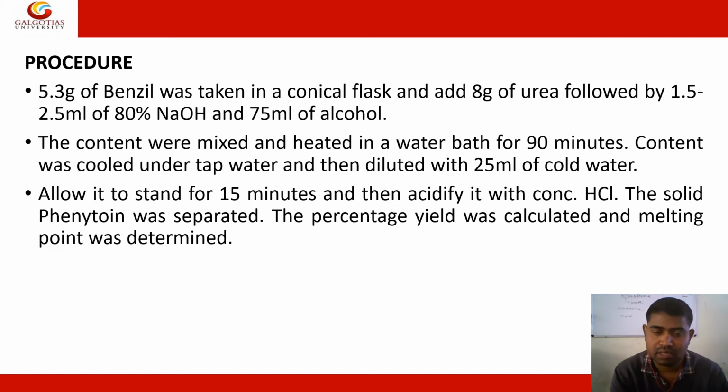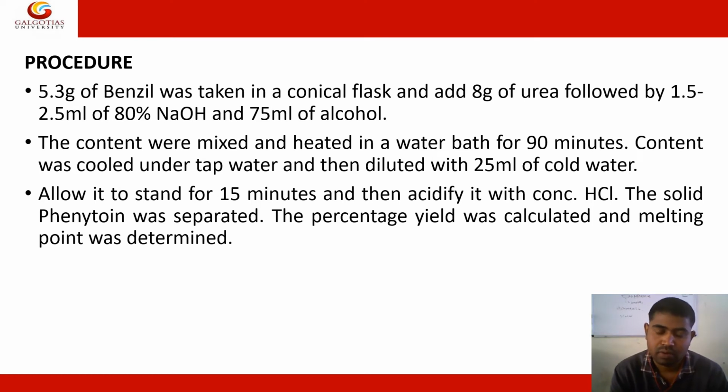And after that you just have to dilute this with 25 ml of cold water. Allow it to stand for 15 minutes, then acidify it with concentrated hydrochloric acid. After acidification, you will get a white precipitate or solid substance that is insoluble in water.